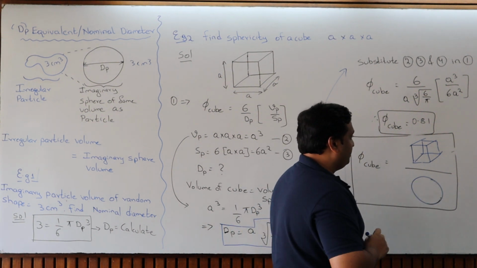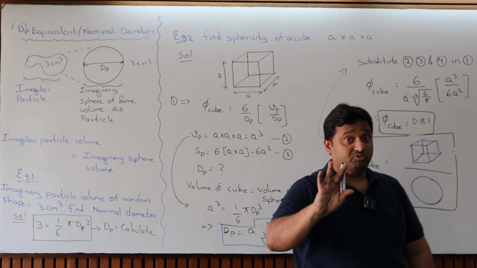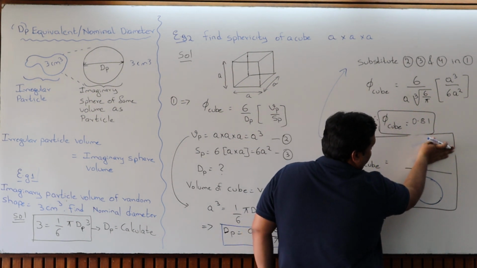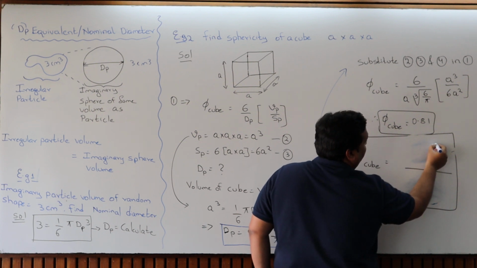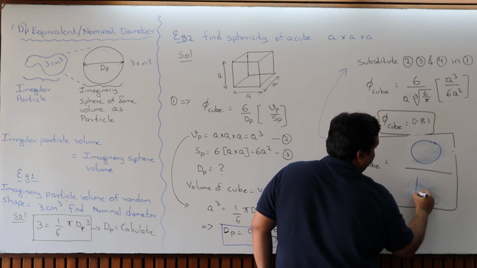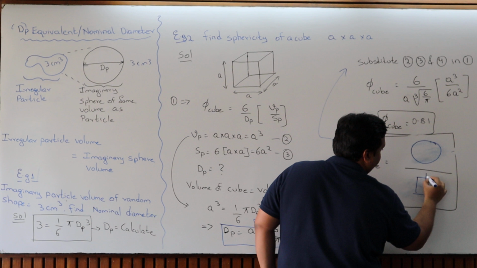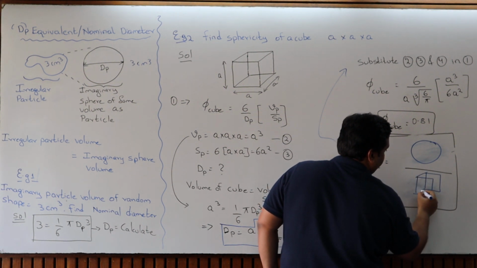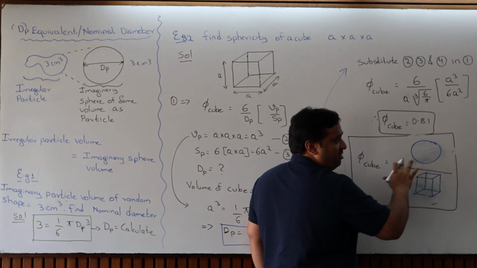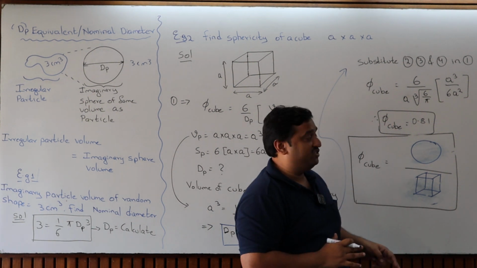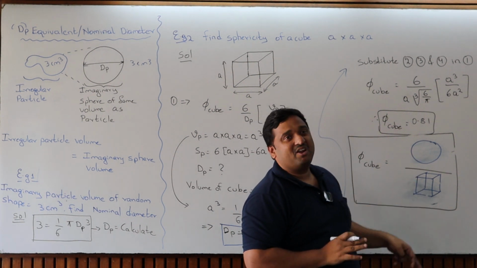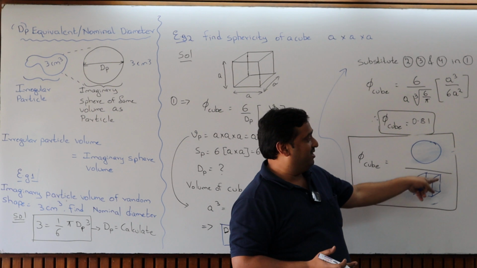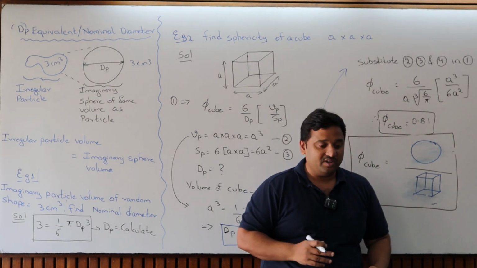Okay, it is the right way. Always you have to compare with a sphere. This is the right representation. Always, as per the definition, you are comparing how close it is to the sphere, how much it is not close to the sphere. Always we are taking these two ratios.